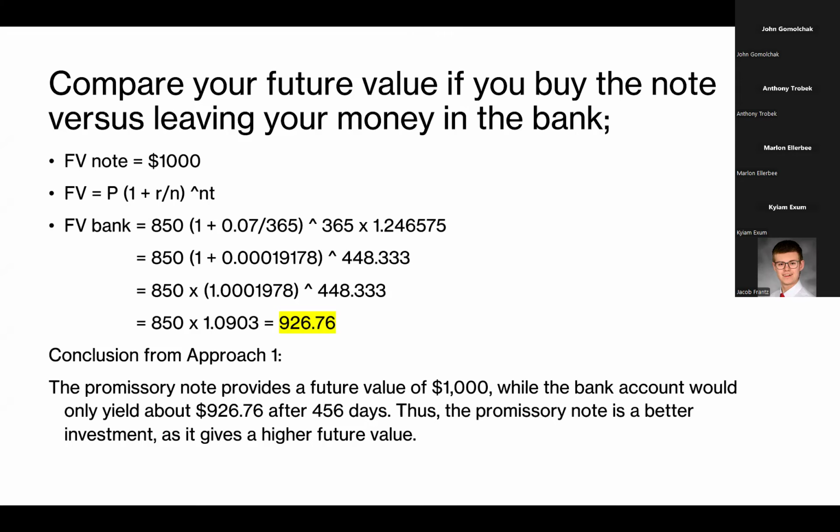So the conclusion from this approach was the promissory note provides a future value of $1,000 while the bank account would only yield $926.76. So the promissory note would be a better investment given the higher future value.